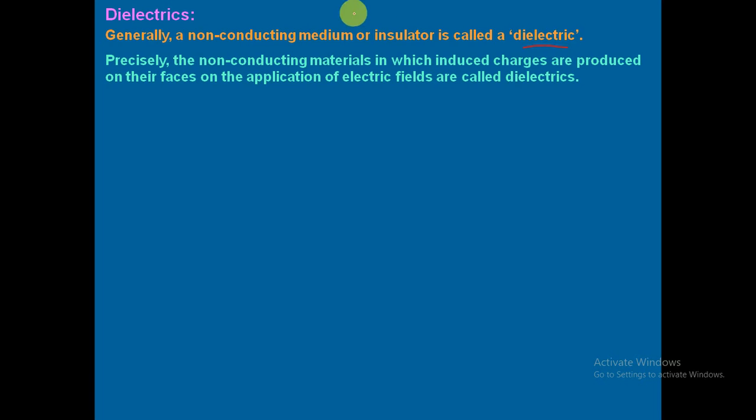Precisely, a non-conducting material in which induced charges are produced on its faces on the application of an electric field is called a dielectric. So precisely we can say that when dielectrics are placed in the electric field, then charges are induced on the faces of the dielectrics.